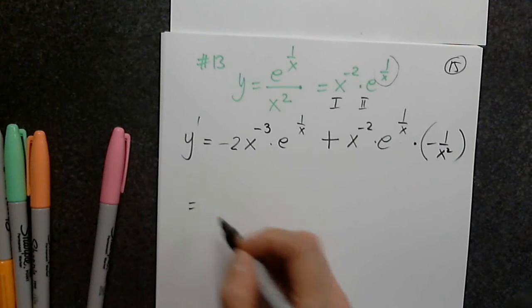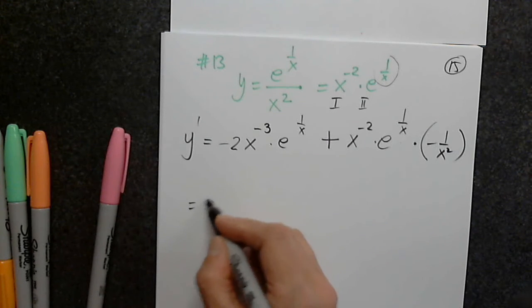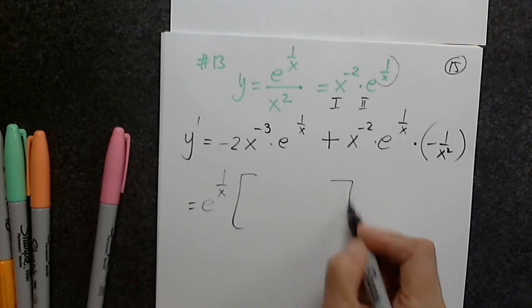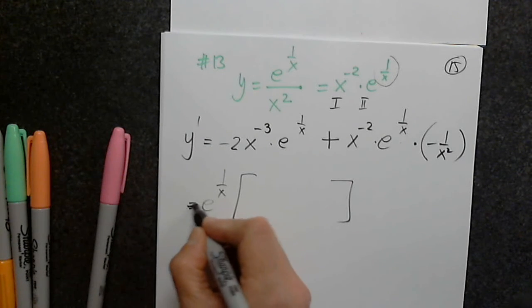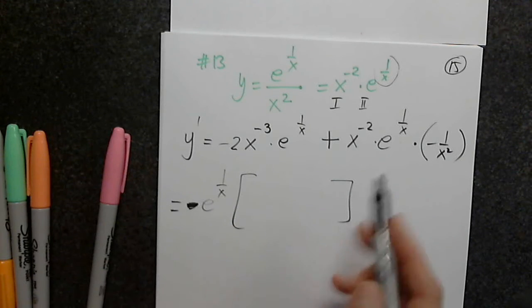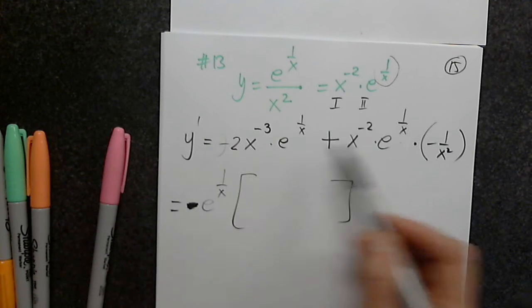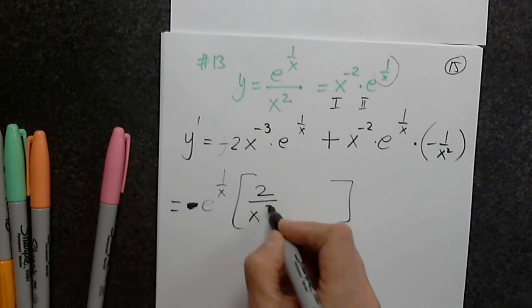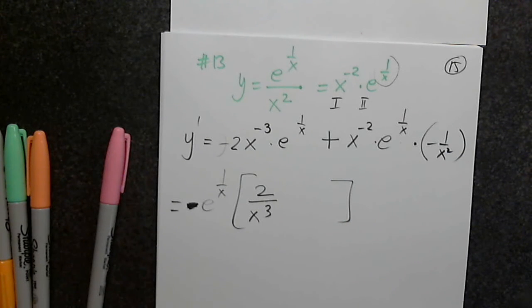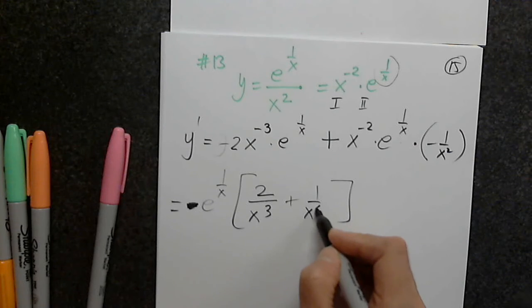Yes, I can clean it up a little bit. I will factor out e to 1 over x first to get it out of the way. I will also factor out negative 1 because both terms are negative. And let's see what is left. A 2 over x cubed is left, and a plus 1 over x to the fourth is left.